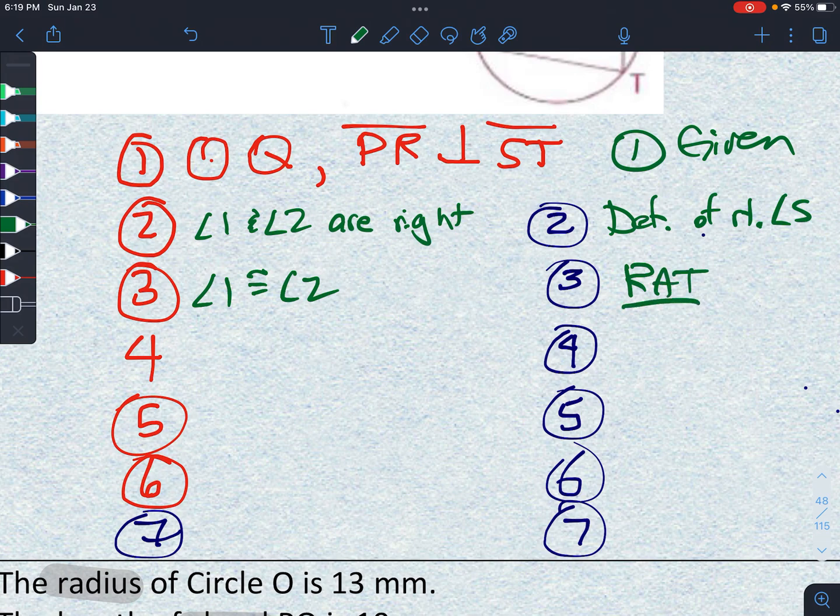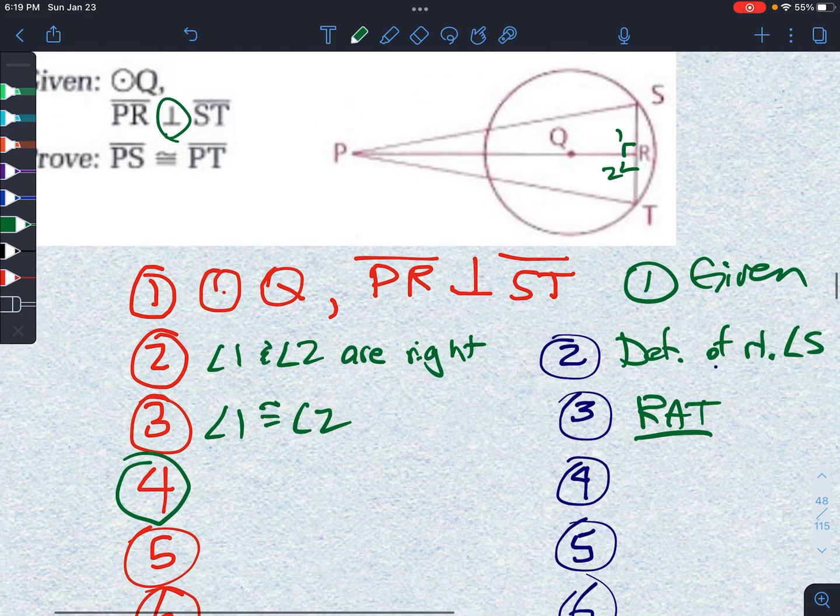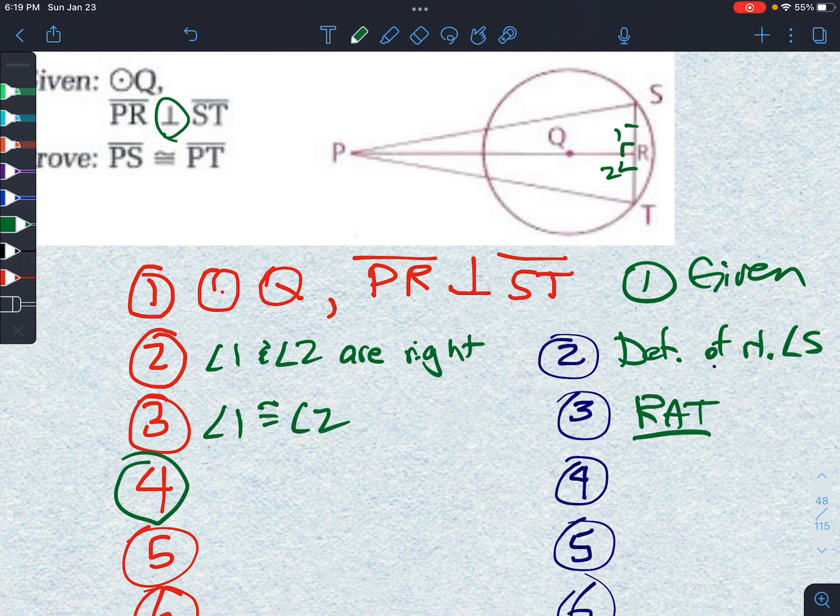Wow, ever since chapter 1. We now pick up for free that those legs are congruent. So we would know that RS is congruent to RT.